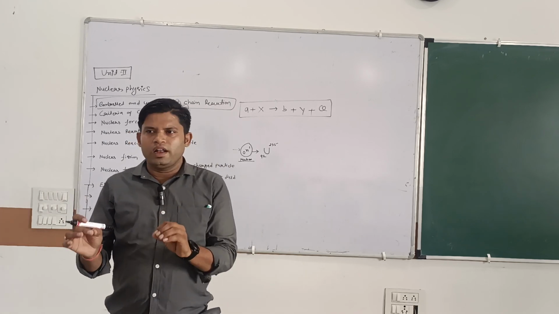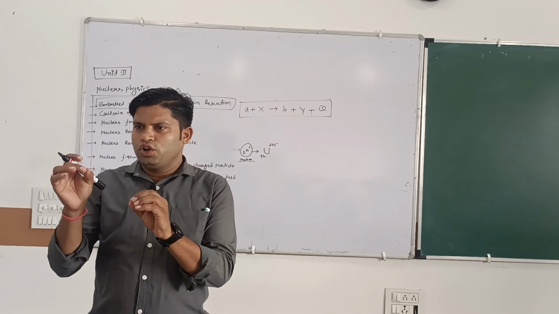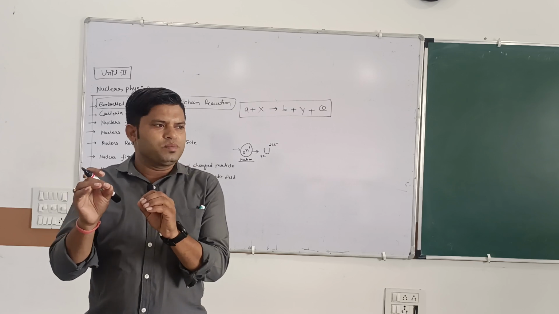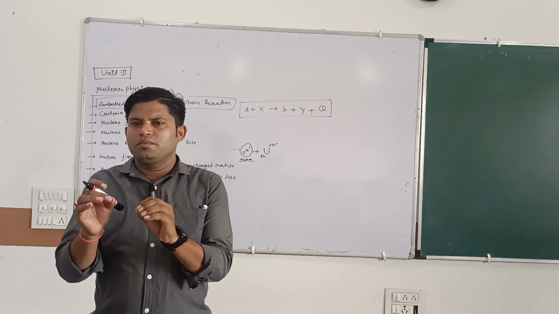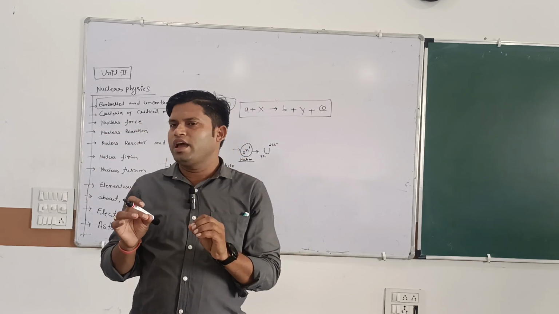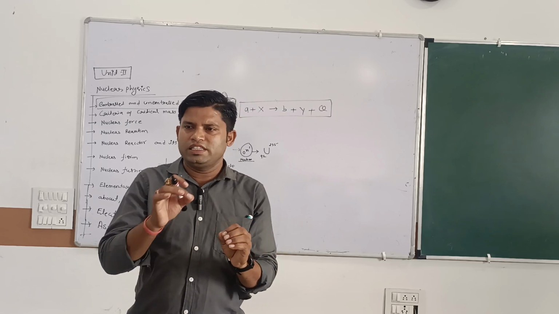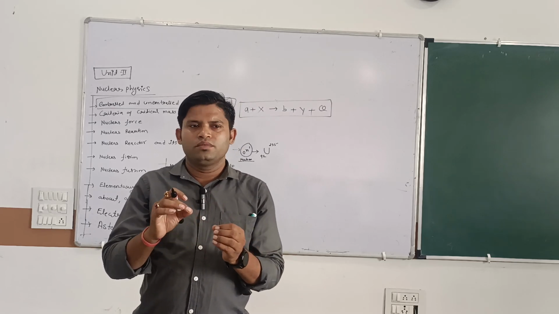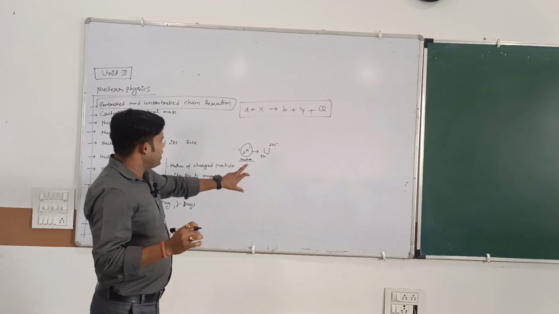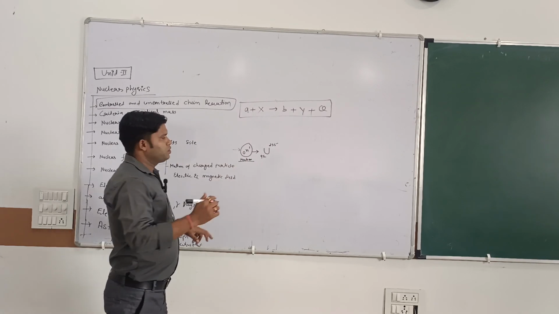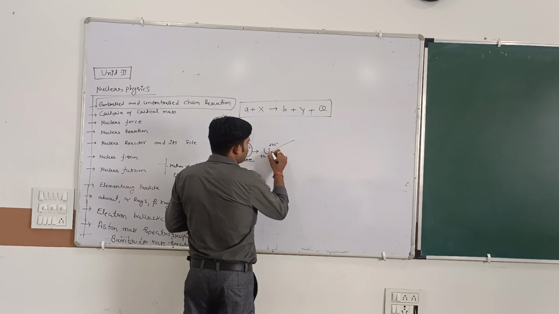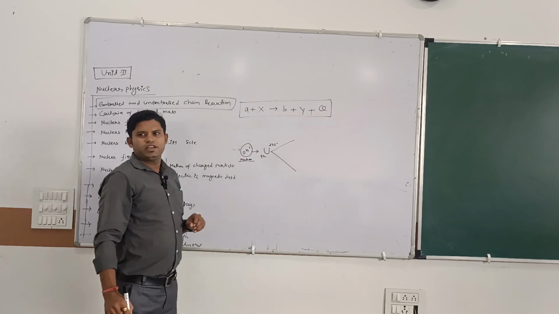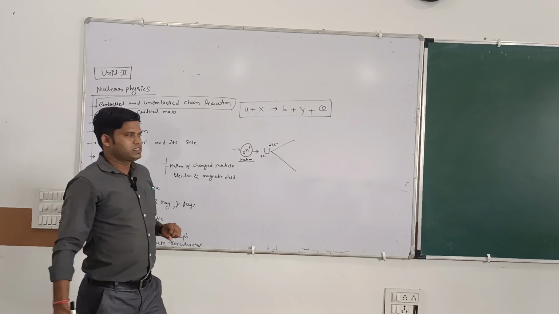If a lighter neutron or small neutron is bombarded on this heavy atom, here we take uranium, then this atom splits into two parts.